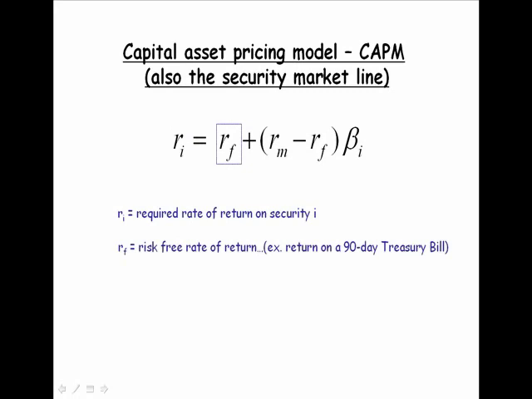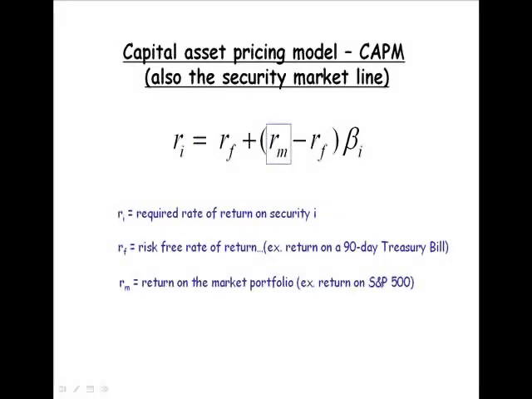Part of the equation includes the risk-free rate. The risk-free rate of return, for example, might be the return on a 90-day treasury bill. We also have in our formula the return on the market portfolio. Now, the return on the market is really impossible to measure because the market is so huge.